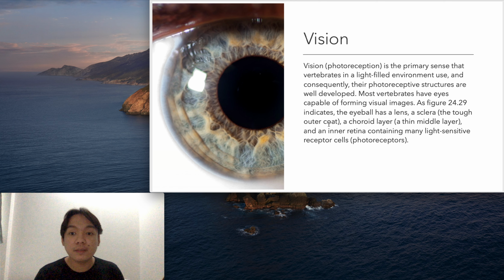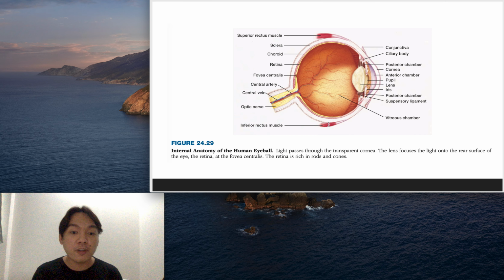For vision, it is the primary sense that vertebrates in a light-filled environment use, and they are capable of interpreting visual images. The next figure shows an eyeball with a lens, a sclera, a tough outer coat, a choroid layer, a pigmented layer, and an inner retina containing many light-sensitive receptors. We call them photoreceptors, as we discussed earlier for invertebrates.